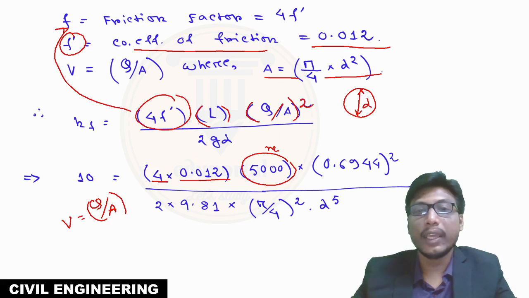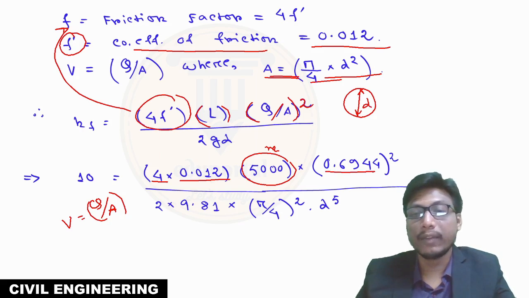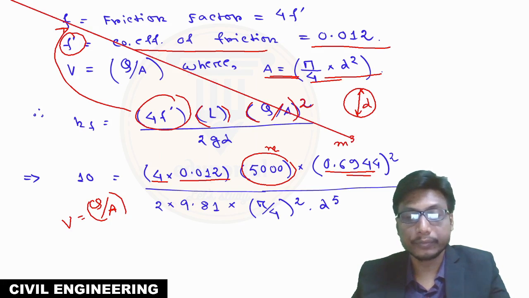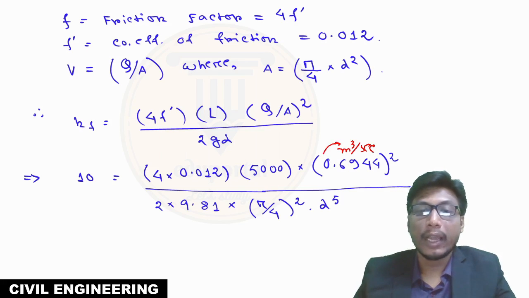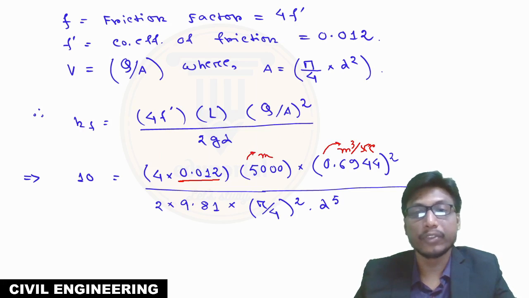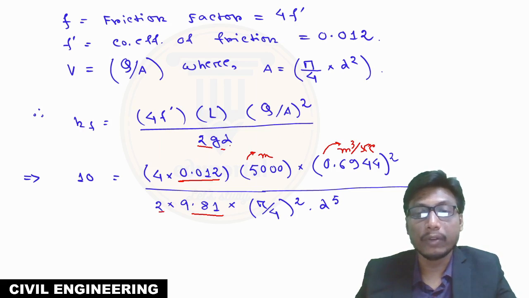So if we put it here, we get Q, the value of Q we have determined, 6944 meter cube per second. This is L, the length, and this is F dash, the coefficient of friction. And 2G is 9.81 into D, we don't know the value of D.